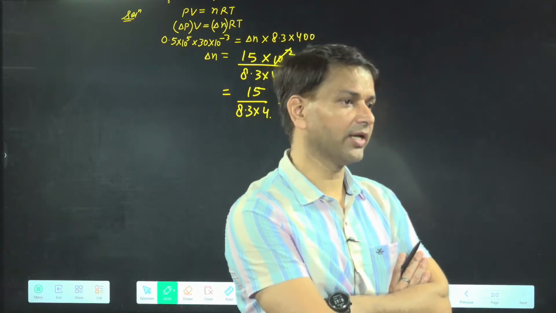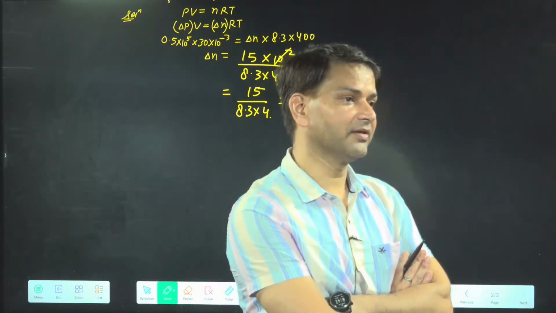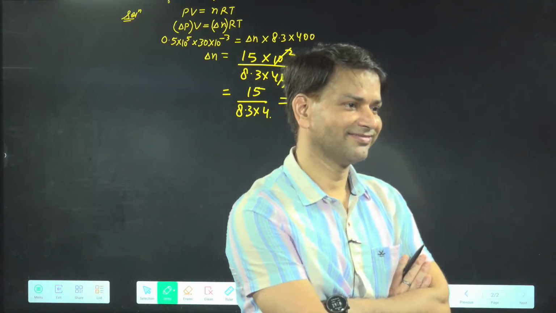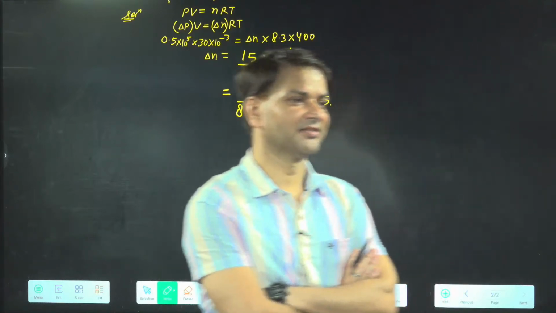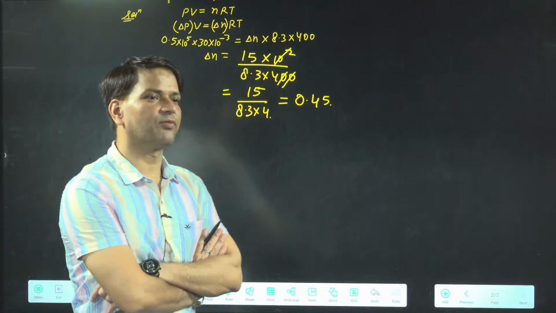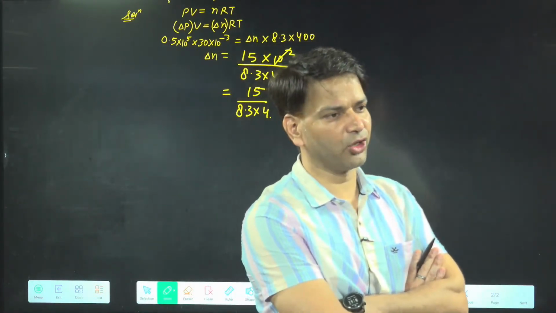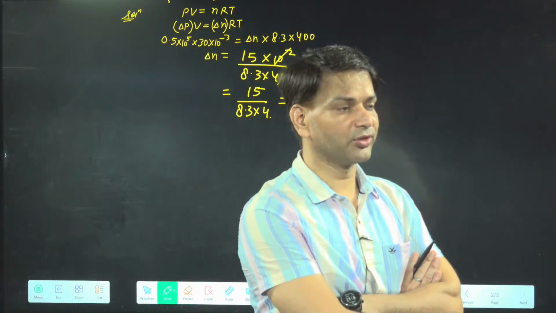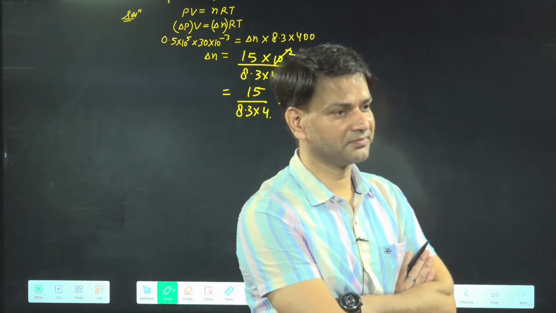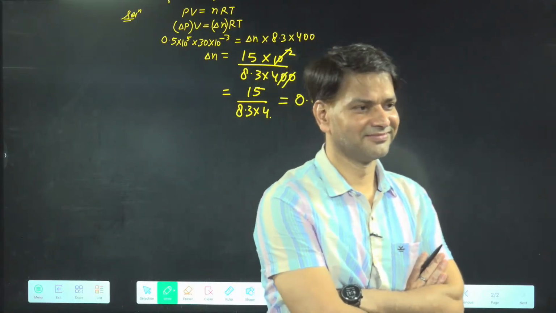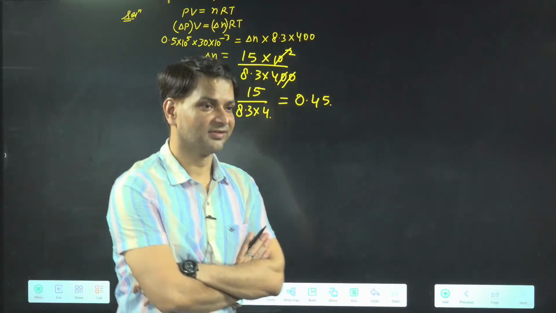30 liter. Okay. And density? Density is mass by volume, so density will take, volume will take, so mass you will get. What density will you take? 1.3.